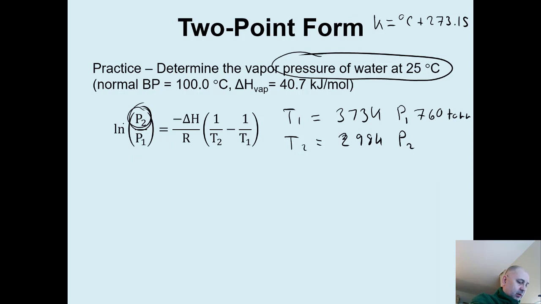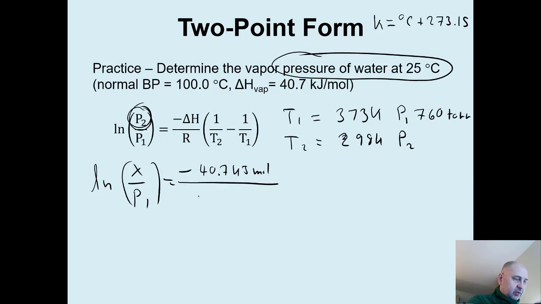And so you just simply plug all that in, and you get the natural log of X over P1 equals negative 40.7 kilojoules per mole.